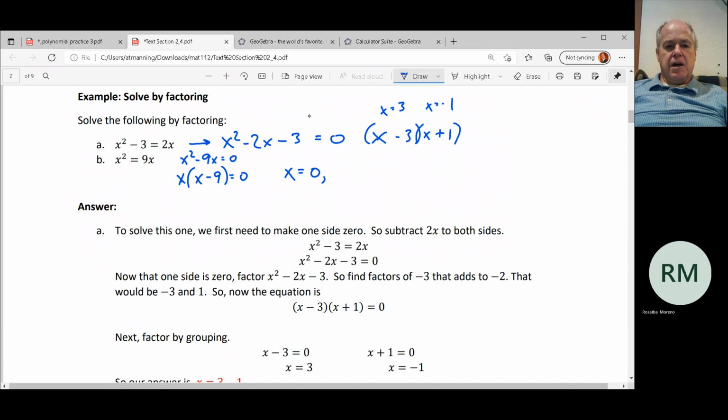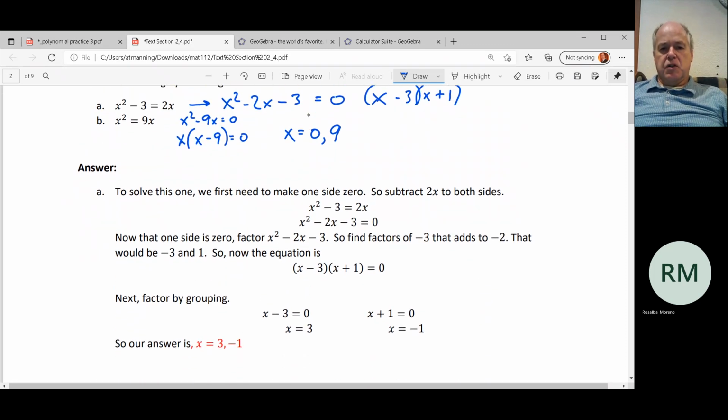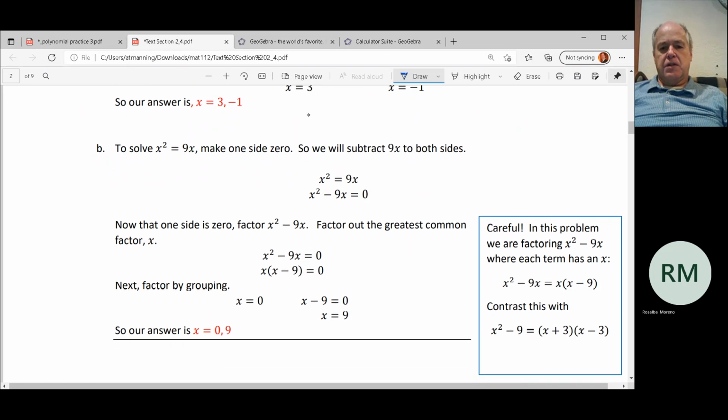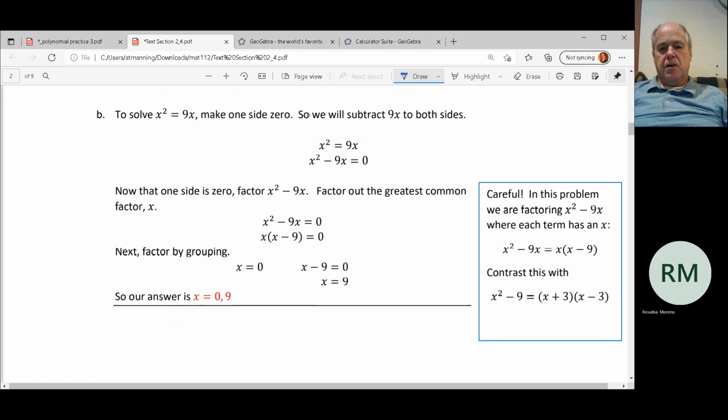Or when x is equal to 9, this will turn out to be 0, and 9 times 9 minus 9, or 9 times 0, will also give me 0. So x is either equal to 0 or 9 to make this come out to be true. When you see an x that you can factor out, you know that one solution is, well, yeah, if x is 0, I get 0 equals 0. So here they show finding the solution to x equals 3 or negative 1. Here they show finding the solution of x equals 0 or 9.